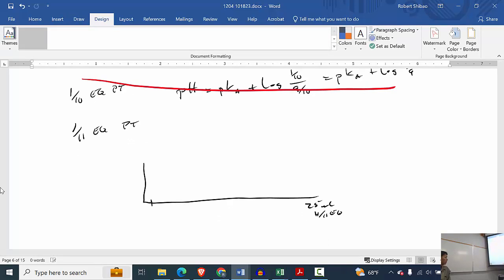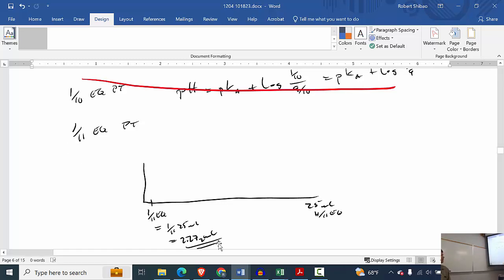It's going to come in at 1/11 of 25 milliliters. So this is 25 divided by 11, and it's going to be 2.272 milliliters. I like this. And so I want to figure out the pH at 2.27 milliliters.